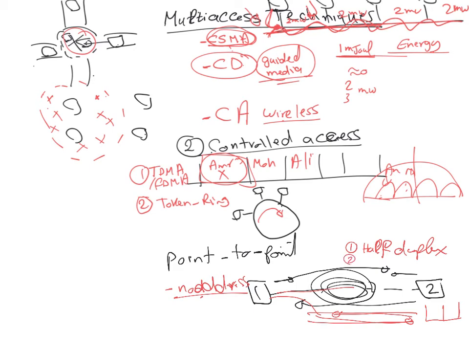For full duplex, 1 can send to 2 and 2 can send to 1 at the same time. The only way this could happen is by dividing the line in frequency, not in time. So 1 can send to 2 in a frequency range, and 2 can send to 1 in another frequency range.